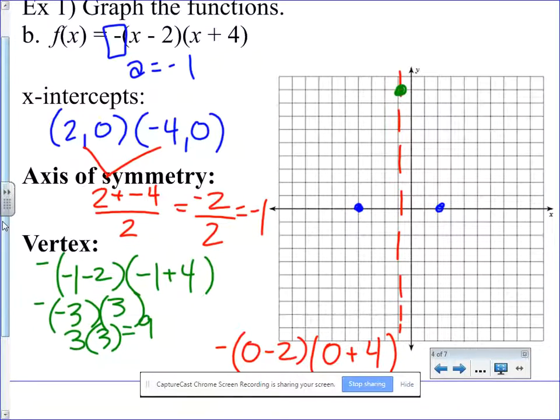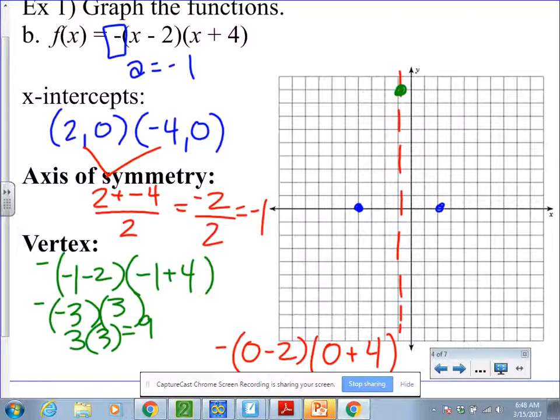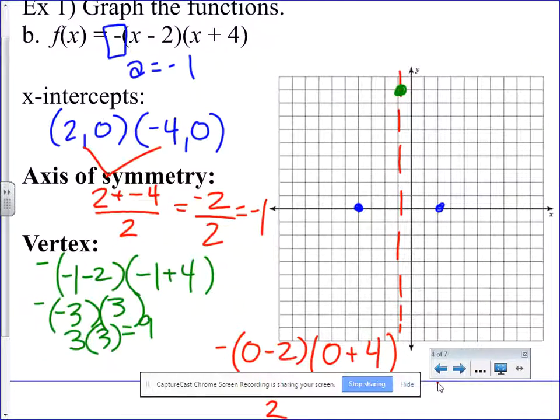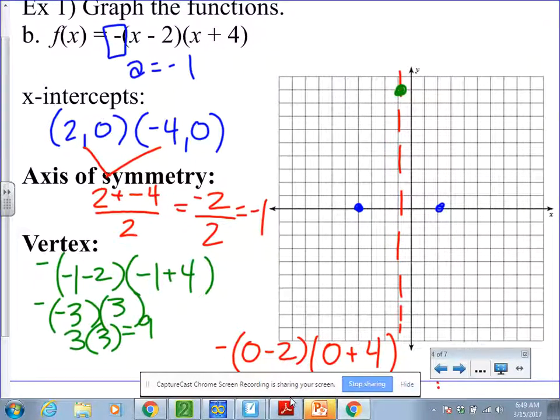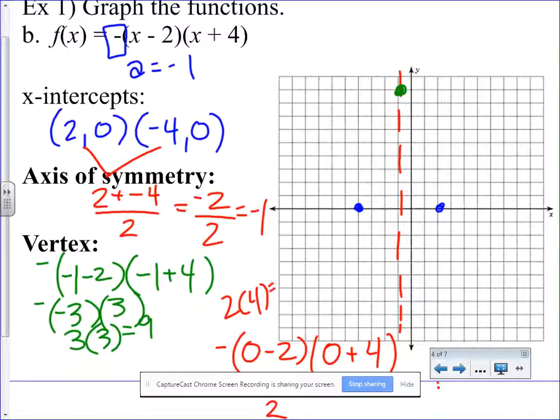This is a positive 2 times a positive 2 times positive 4, which is 8. So I have here, and then I can flip that across the other side. And then I've got my parabola.